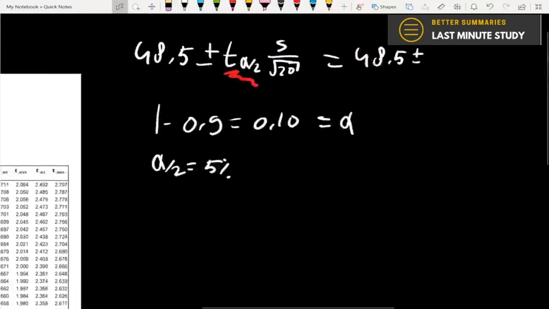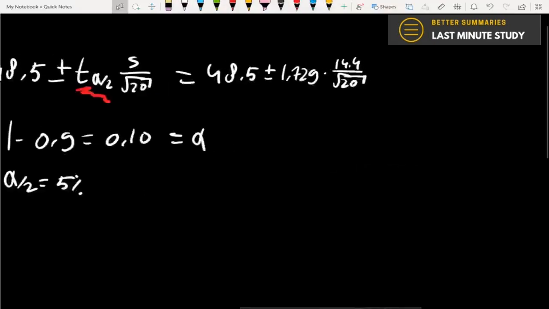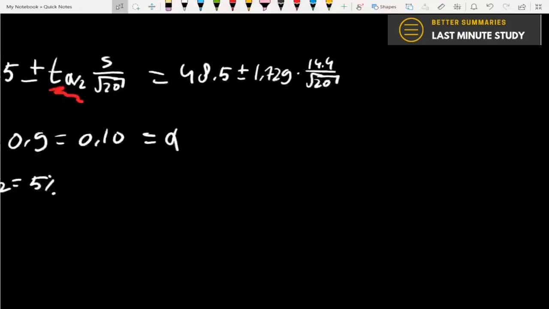So let's fill it in, times 14.4 over the square root of 20. That's the formula for our confidence interval. Plus minus, don't forget the plus minus, of course.